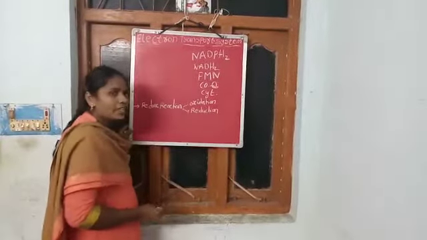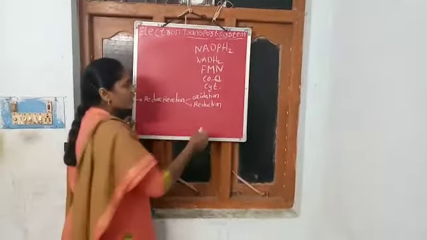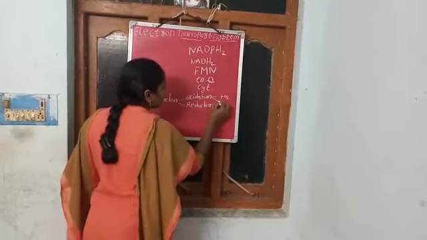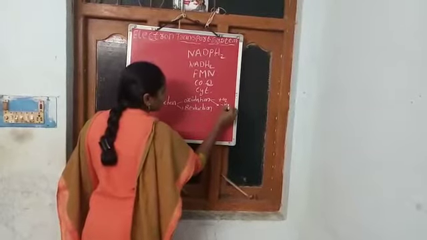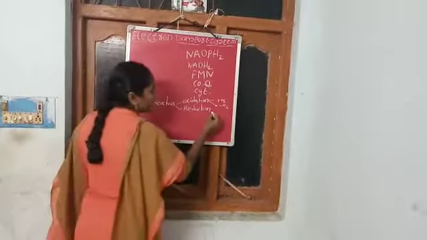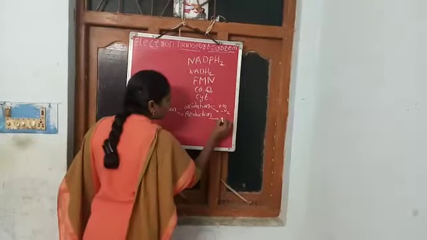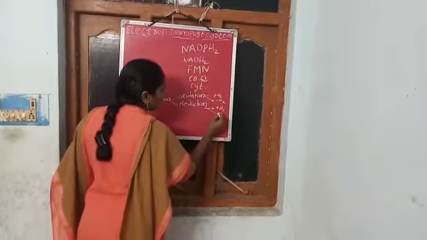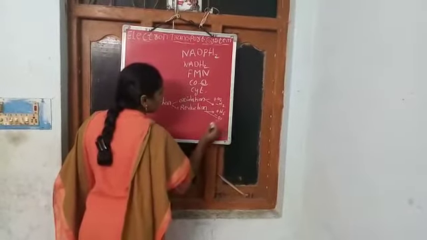What is oxidation? Oxidation means combining with oxygen and removal of hydrogen. Next, what is reduction? Reduction means combining with hydrogen and removal of oxygen.